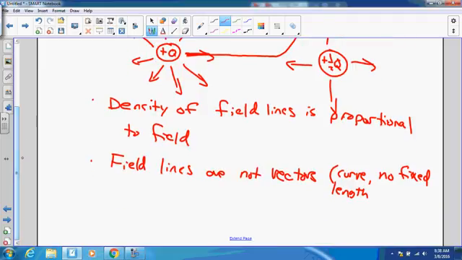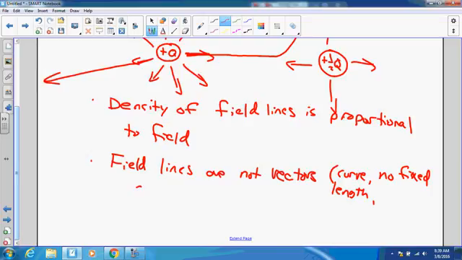So the field lines always start on a positive charge and always end on a negative charge. There are no free field lines. There are no field lines that just come from nowhere and go to nowhere. Now sometimes that positive or negative charge might be off the page. A lot of times you'll see me draw a field and there'll be no obvious negative charge over here. That doesn't mean there isn't one, it just means that I haven't drawn it. That charge is, practically speaking, out at infinity.